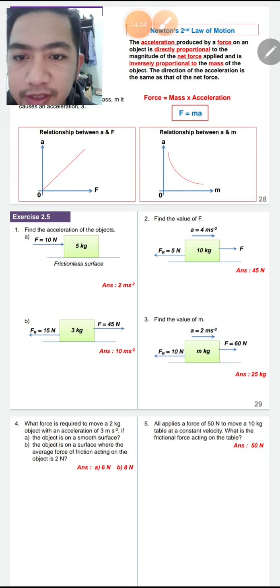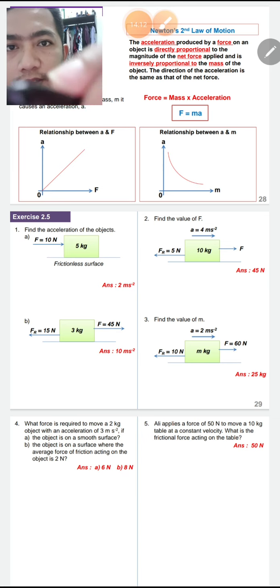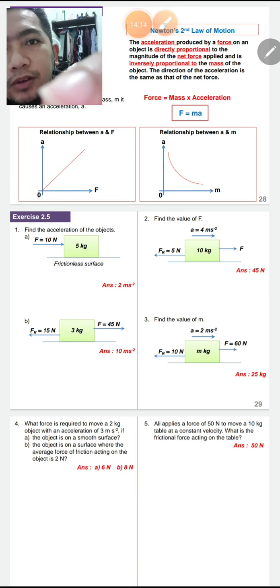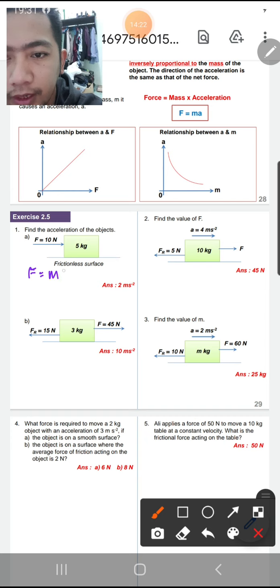Okay, so frictionless surface means tiada daya geseran. Okay, so find the acceleration by using the formula of second law motion, Newton's second law of motion. We can use F equal to ma. Alright, so we need to find the acceleration, this A. Just substitute the value.